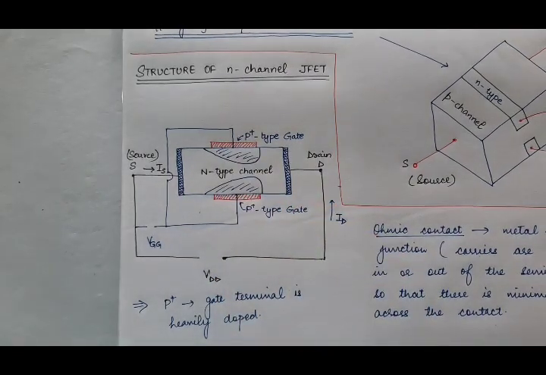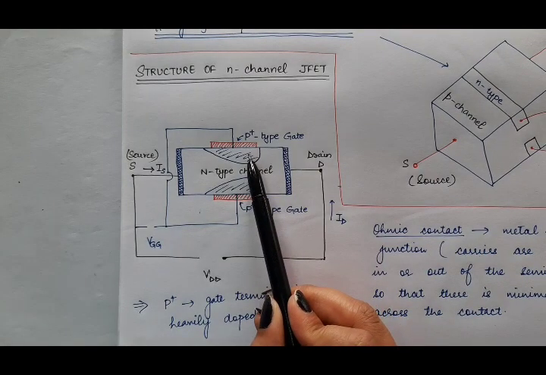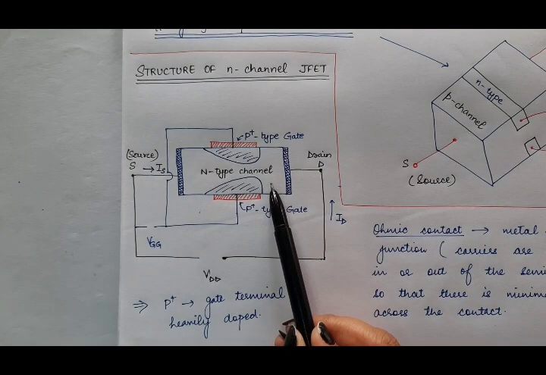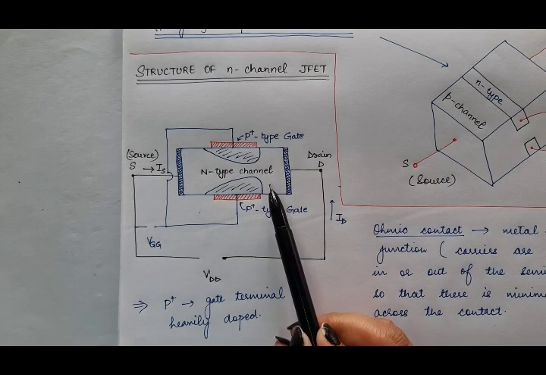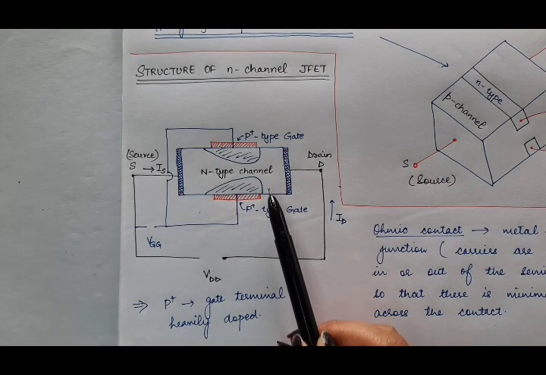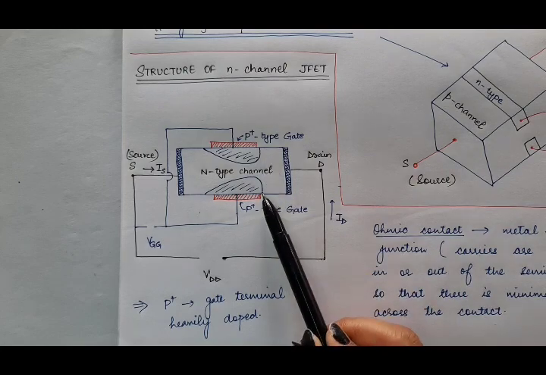But the width of the depletion layer is not the same across the length of the bar. Why is it so? I'll explain it later. First, just remember that between the P-type gate and N-type channel we have two PN junctions, and if we have two PN junctions, then there will be a depletion layer here as well as here.